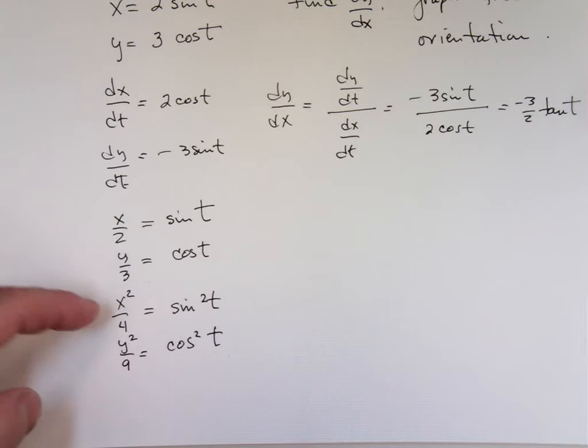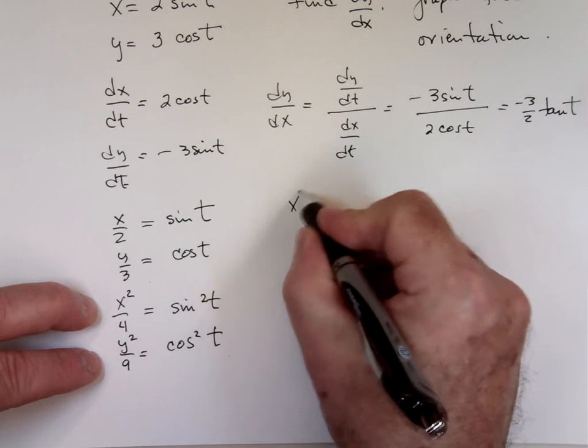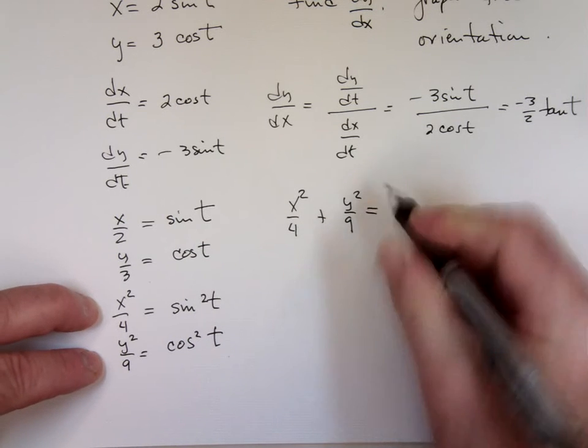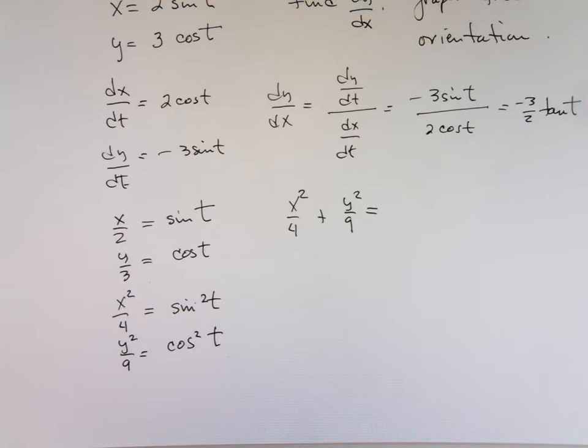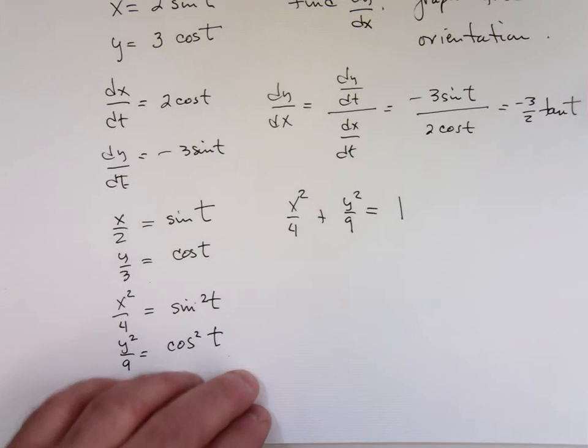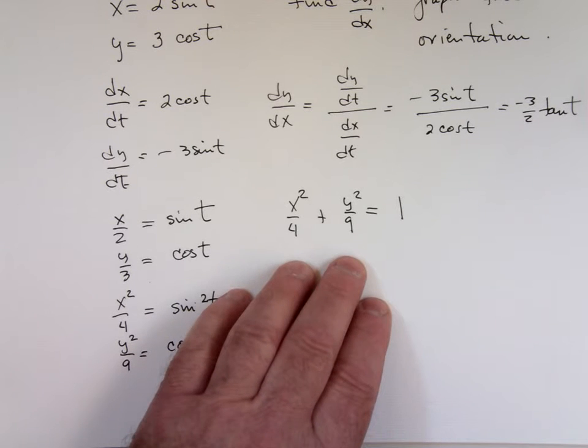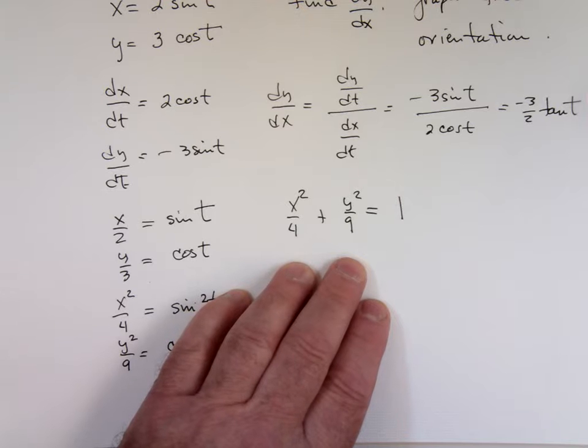If you add up both sides, what happens here? If you add up the left side, you get x squared over 4 plus y squared over 9 equals sine squared plus cosine squared. But what's sine squared plus cosine squared equal to? It's equal to 1. You've eliminated the parameter by using that Pythagorean identity with the trig functions. Now, we have x's and y's with no parameter.